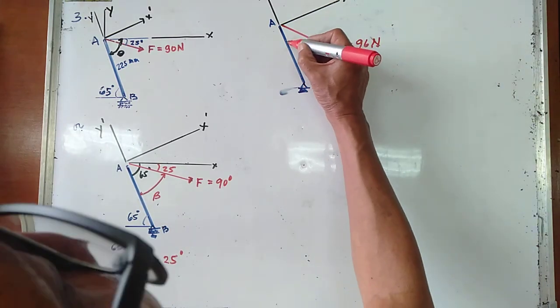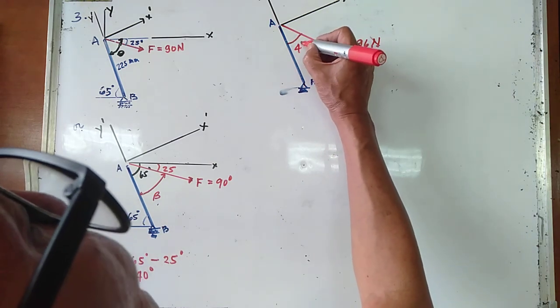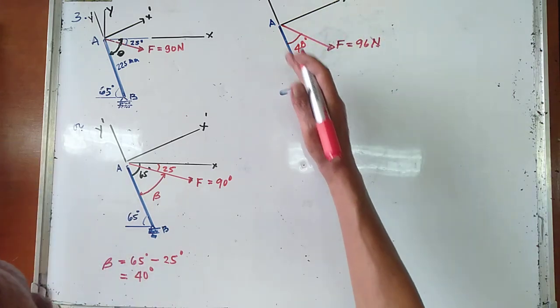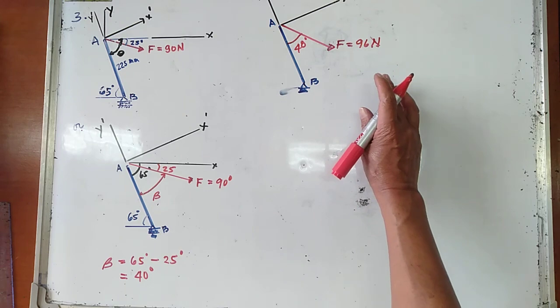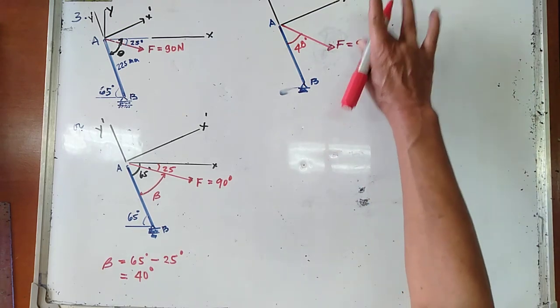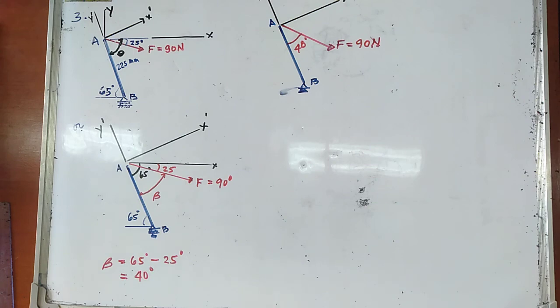So this is making an angle of 40 degrees with AB, which is now your beta.